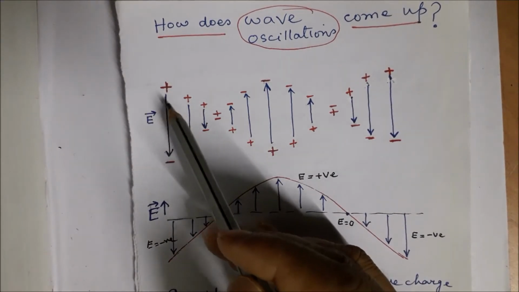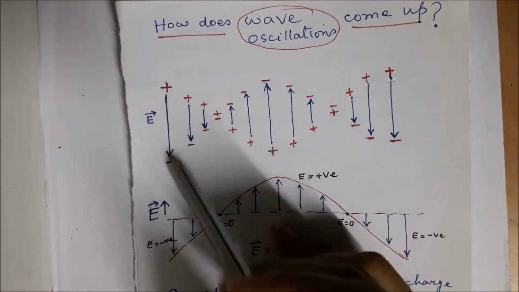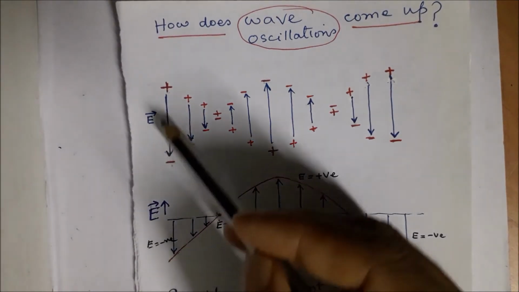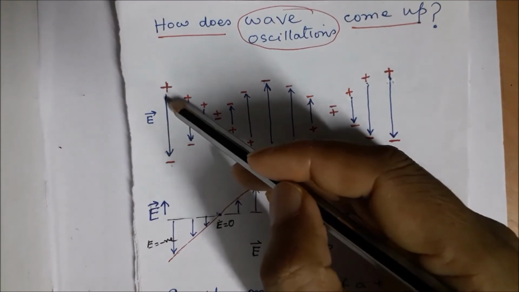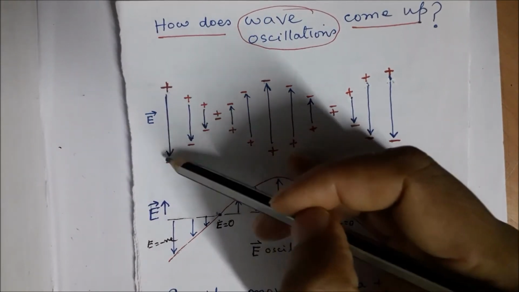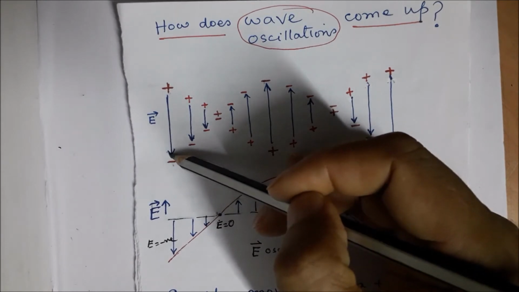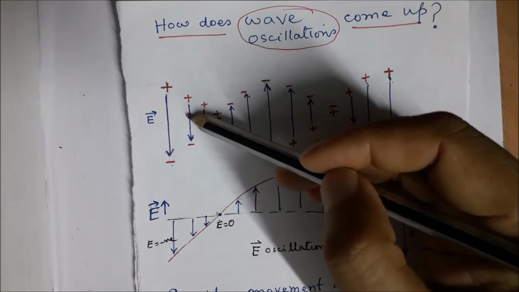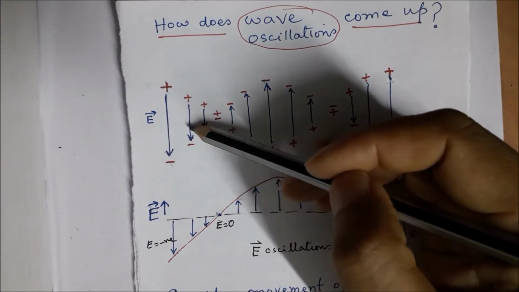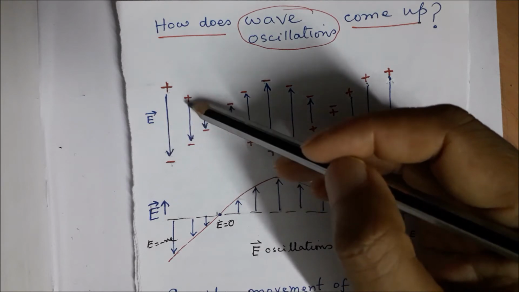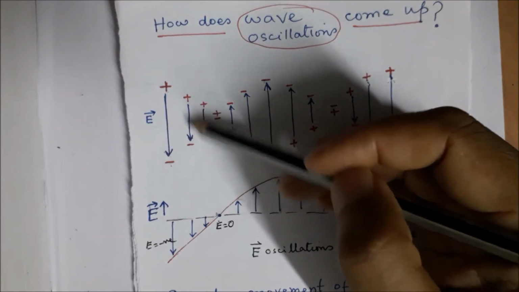At one instant they are separated. The positive charge is separated from the negative charge, and the electric field line that is generated is this one, directed from positive to negative charge. Now the positive charge moves down and the negative charge moves up, and therefore the E field is reduced.